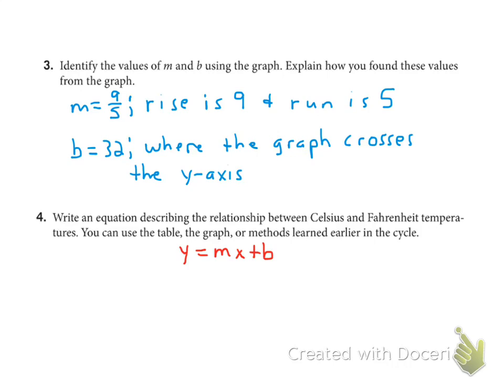F. The Fahrenheit is equal to, what slope do we have? 9/5. X is C. C plus 32, right? Yes, plus 32. So notice that this is a formula for F, or Fahrenheit. Any questions so far?